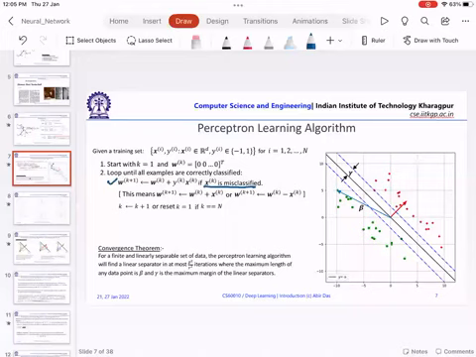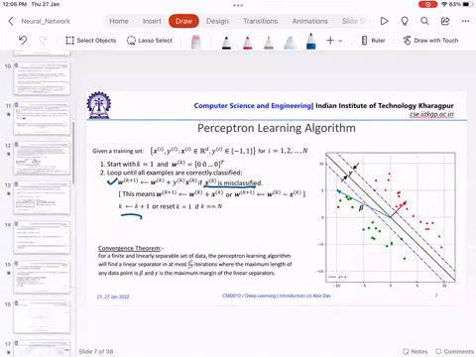So the idea behind the proof of convergence should be to show that K has a finite value, because otherwise, if it is not convergent, then K will go to infinity. That is where we want to reach.